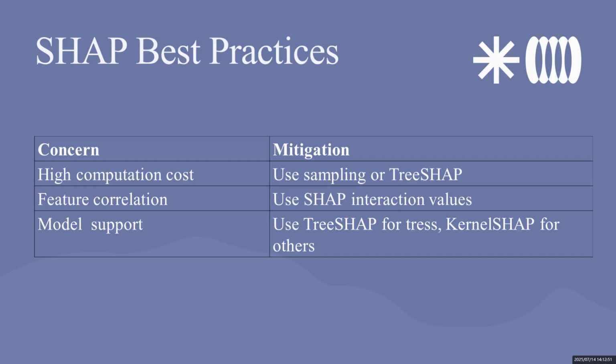For feature correlation, to see how two features correlate, we use SHAP interaction values, and we can check that through the dependence plot. Then we have model support. We can use Tree SHAP for tree models, and we can also use Kernel SHAP for other models that are not tree-based, that don't use the concept of decision trees or random forests.